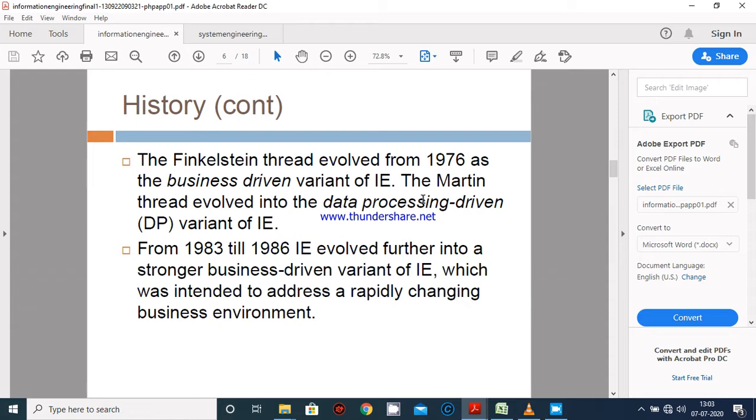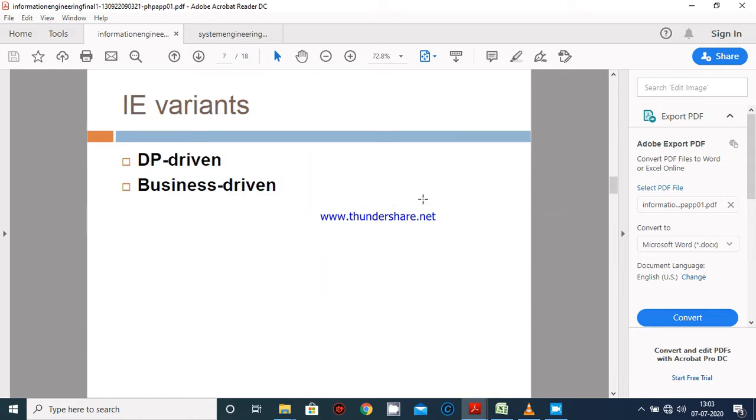The Finkelstein thread evolved from 1976 as a business-driven variant of information engineering. The Martin thread evolved into the data processing-driven, that is DP, variant of IE. From 1983 till 1986, information engineering evolved further into a stronger business-driven variant of IE, which was intended to address a rapidly changing business environment.